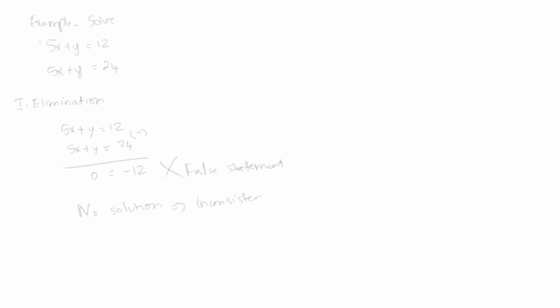But geometrically, what does this mean? Well, if I move the 5x to the other side, I have minus 5x plus 12. And do the same thing for the second equation, I have minus 5x plus 24. So by all means, these are two decreasing lines, one at an intercept of 12 and the other at an intercept of 24, and they are parallel to each other.